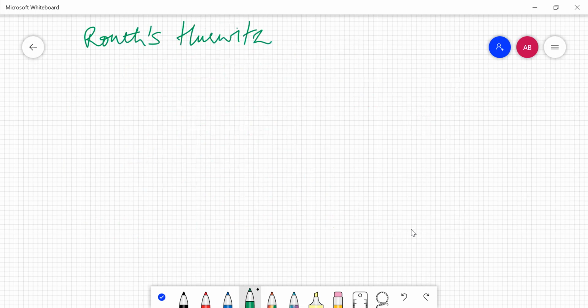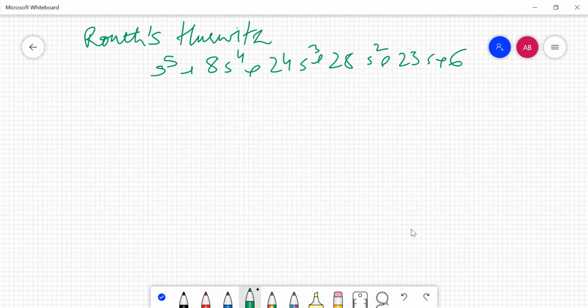So when we go for Routh's criteria or the Routh-Hurwitz criteria, let's take the example of s^5 + 8s^4 + 24s^3 + 28s^2 + 23s + 6, right? For simple Hurwitz criteria, to calculate whether the given system is Hurwitz or not, you need to separate all the odd terms from the even terms and divide the odd by the even using the CFE, divide and invert method.